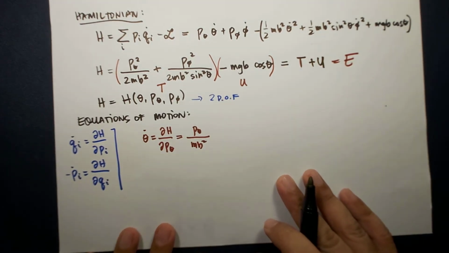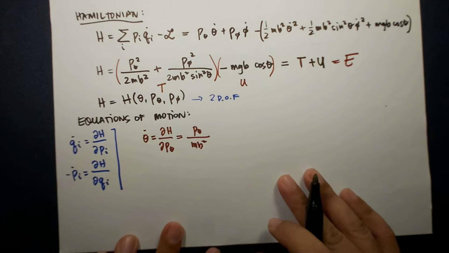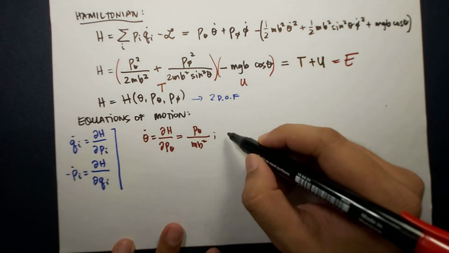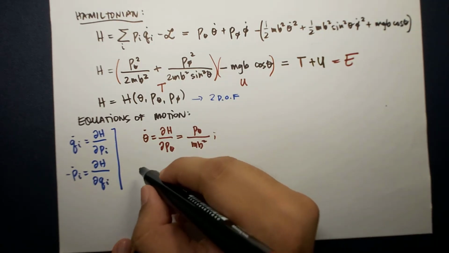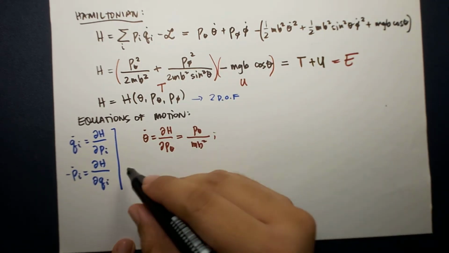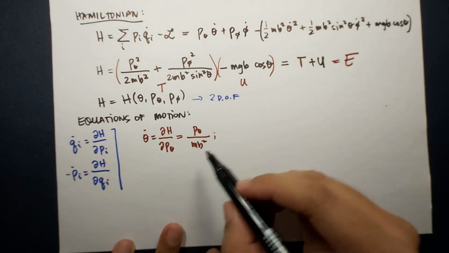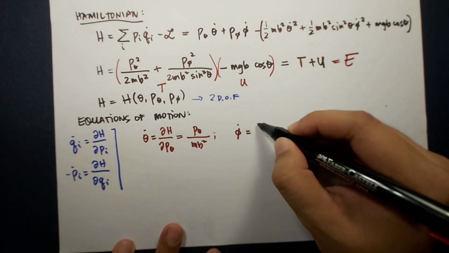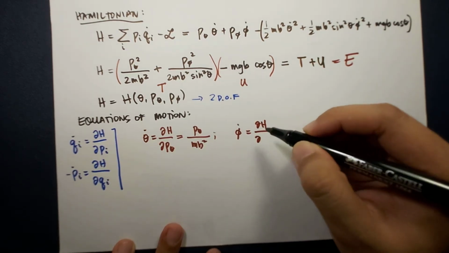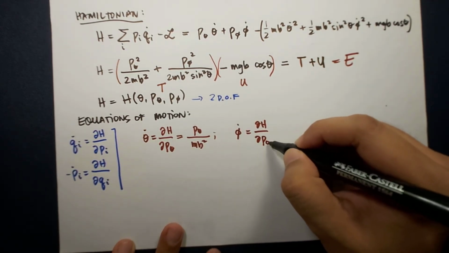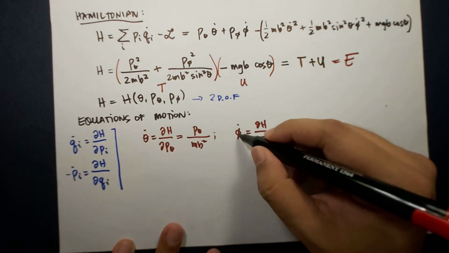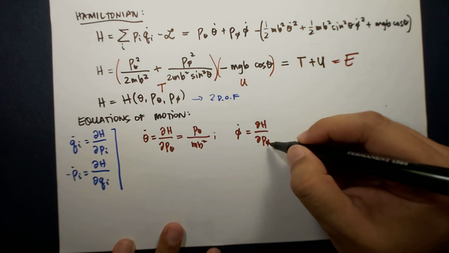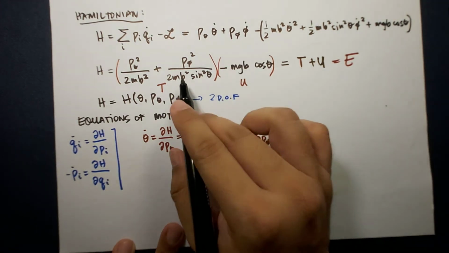Next, let's do phi dot. Phi dot is equal to the derivative of H with respect to p phi.